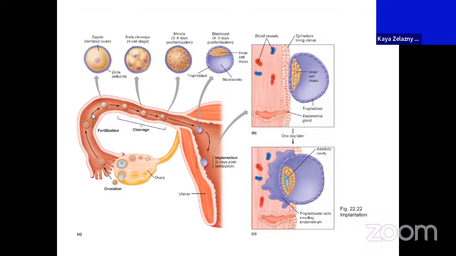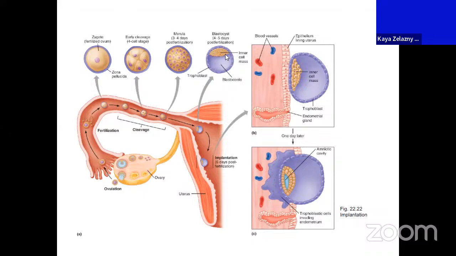Okay, so as we're moving along through the tube, if we're a fertilized egg, we're going to see cycles of division. So here we can see that we start with a zygote, which is just one fertilized egg. Then early on, we first divide into a 4-cell stage. Then in 3 to 4 days, we can see that we have a larger mass of cells, not too many still, potentially a countable number, but not a specific unitary number. 4 to 5 days after fertilization, we start to see separation of that cell mass.